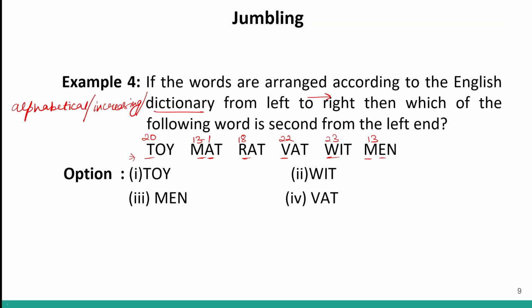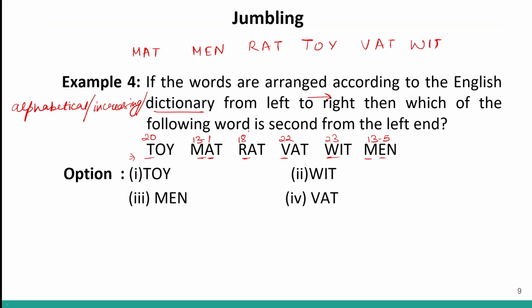So second letter 1, and over here we have 5. So if I look at this, 13 1 will go first. So if I have to arrange them from left to right, that means it will be mat, then men, then rat, then toy, then vat, and then wit. Correct? This will be the order.